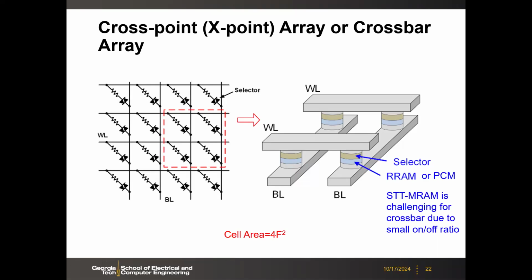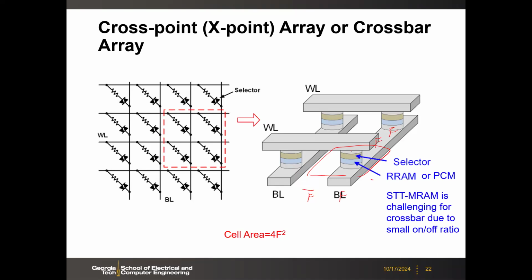Because here, if you only have this resistor, then you can have just the word lines and bit lines, with F and F and F and F, then one cell is just 4F square, like the 2D NAND flash.